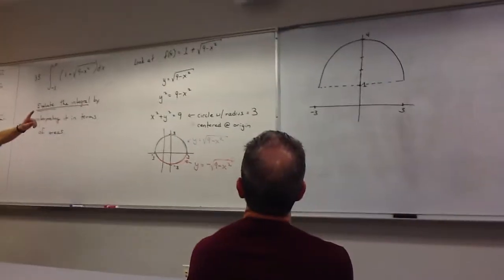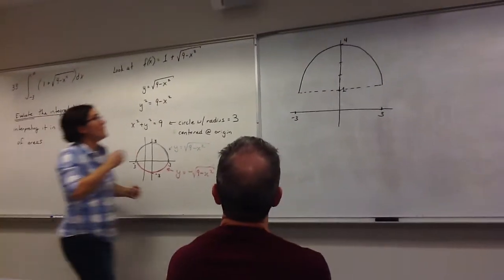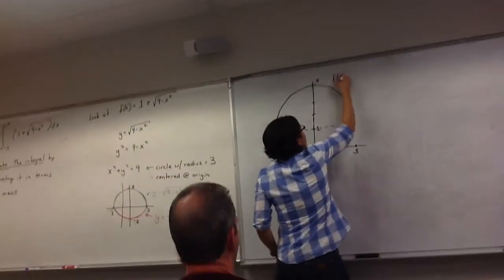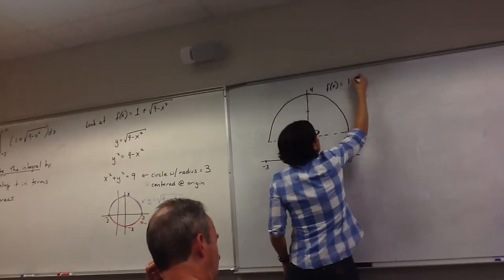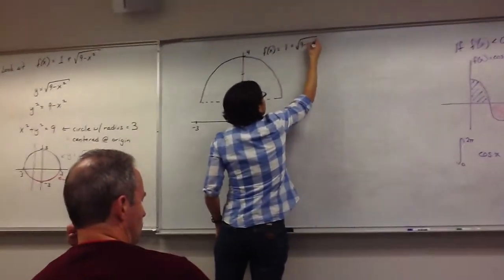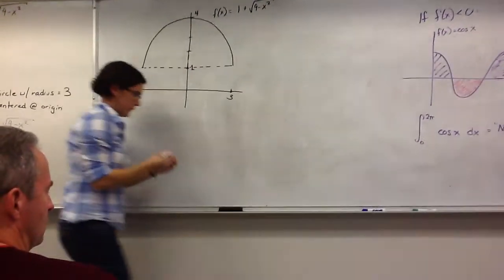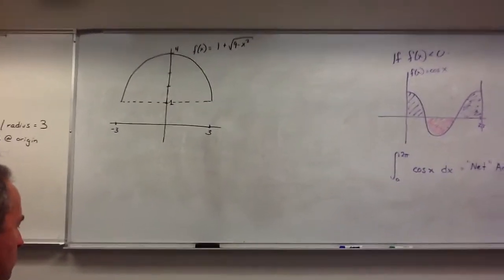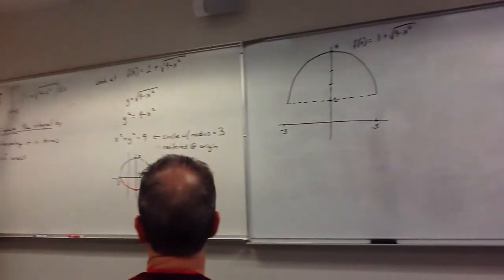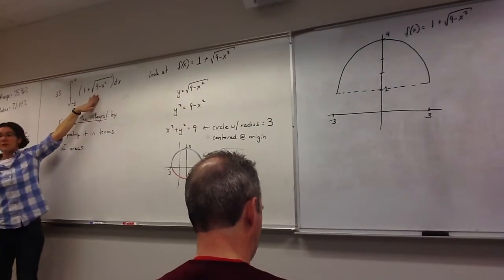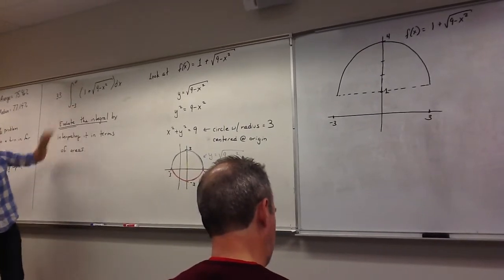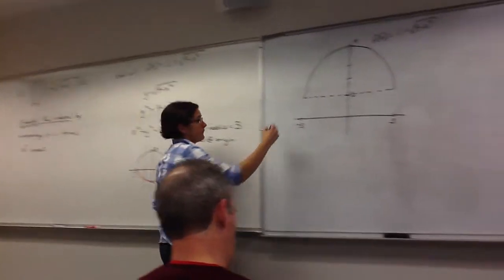Okay, so now we've got our picture of f of x is equal to 1 plus the square root of 9 minus x squared. And we are interested in the integral from -3 to 0 of this function. So our x values are starting at -3.